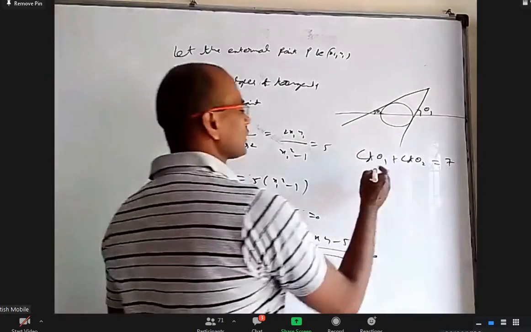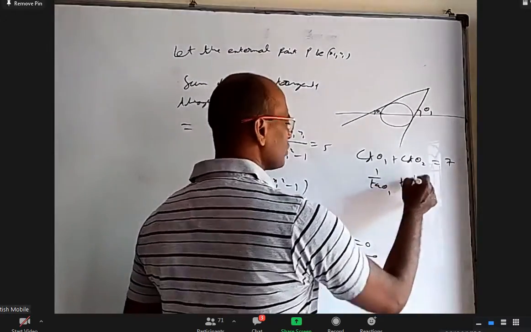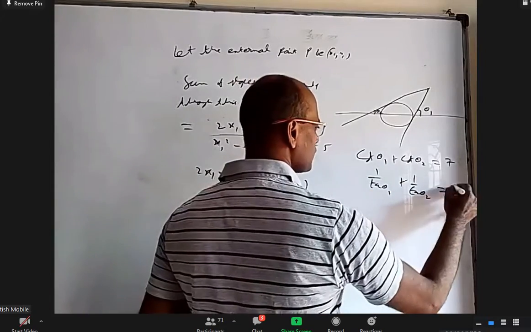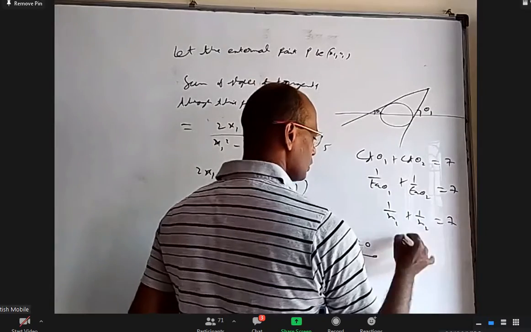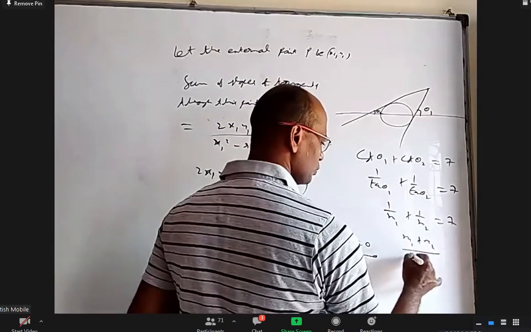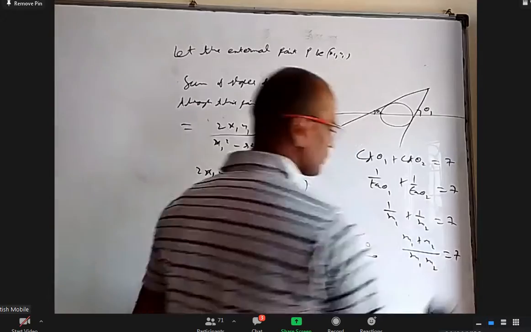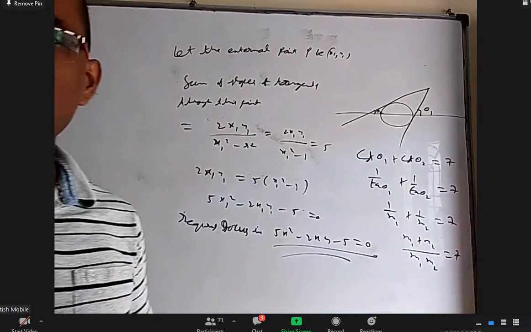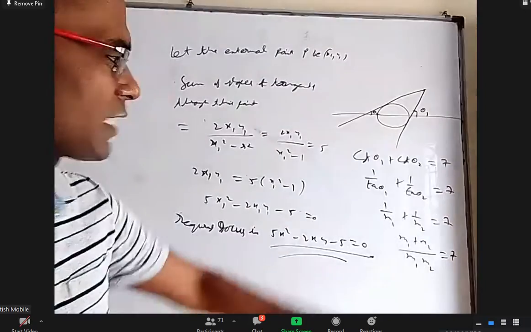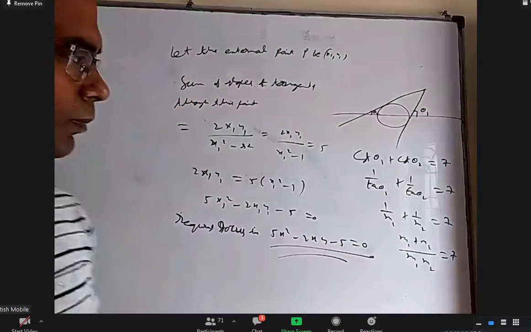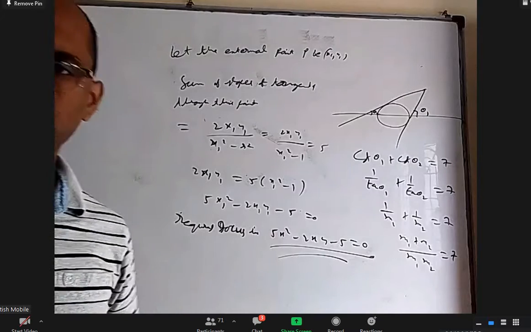Because after all, cot theta 1 is 1 by tan theta 1, this is 1 by tan theta 2, this is 1 by M1, this is 1 by M2. So M1 plus M2 by M1 M2. So these are also like the previous two questions only. So sum is constant or product is constant, sum of the reciprocals of the slopes is constant. I'm sure you can do it, right?